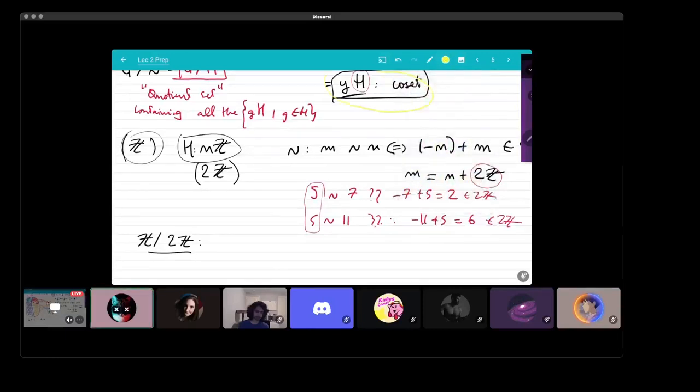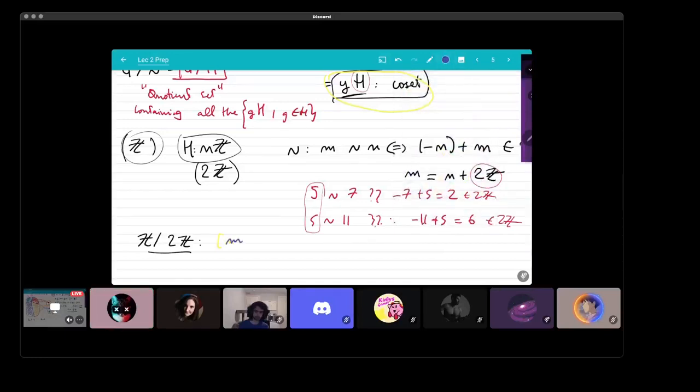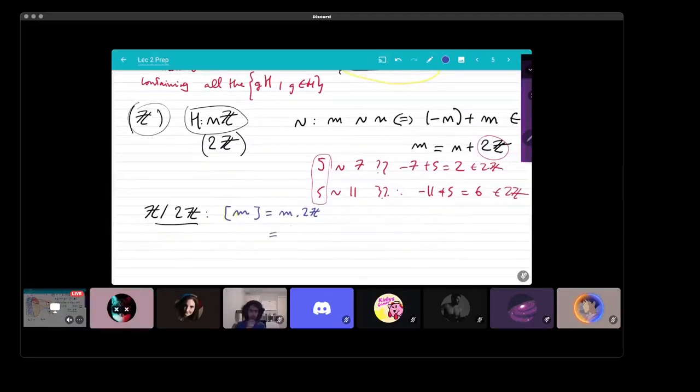So if I take a random integer m, its coset would be m plus 2Z. Is this correct? Yeah. It will be, or also, all integers of the same parity.